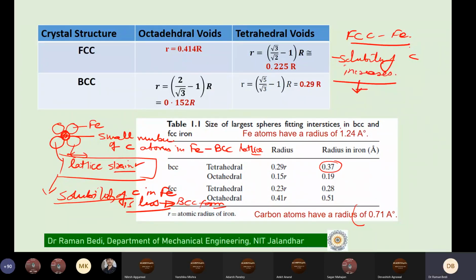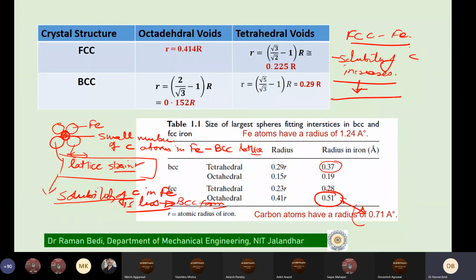One of the reasons is that the void size has now become larger, and now more atoms can be accommodated into these voids, although it is still less than what is theoretically there. Still, the carbon atoms now have more space, and the probability of filling the voids is larger than in the case of BCC iron.